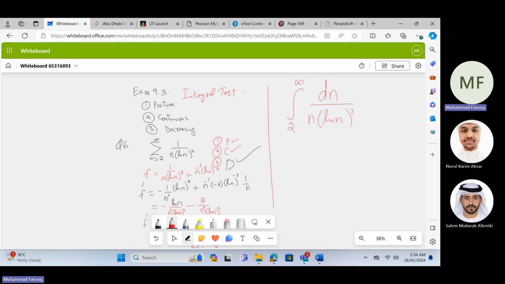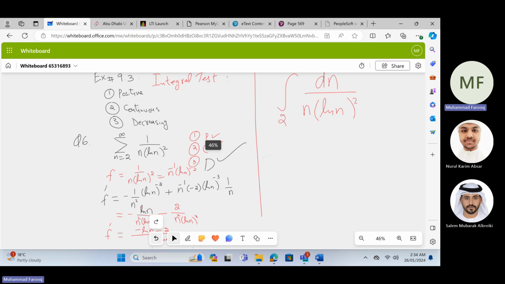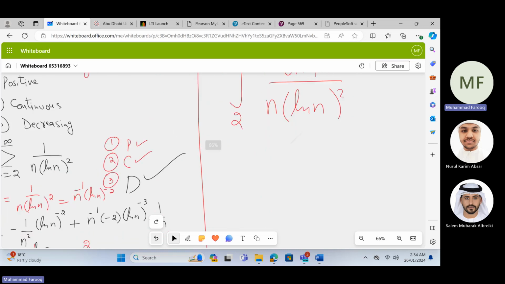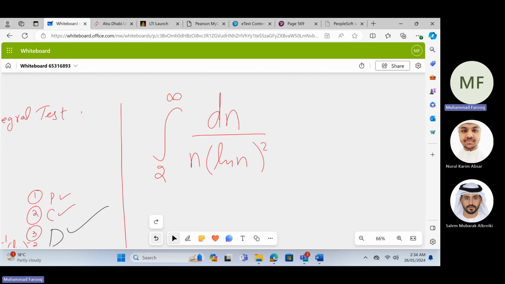Improper integral means the upper limit or the lower limit is infinity. You know it very well because you have already done improper integration, and you are still practicing. So I hope you have the idea how to get this integration.